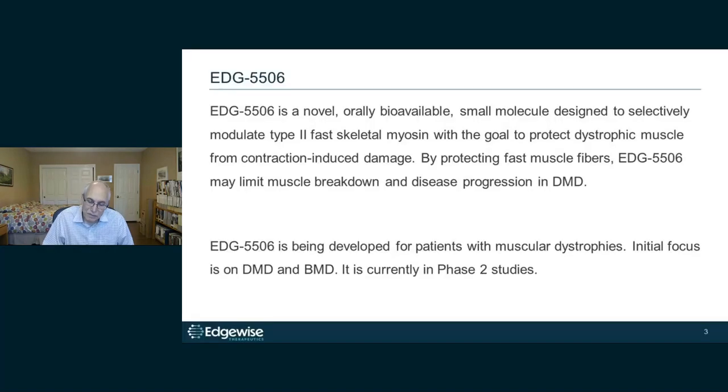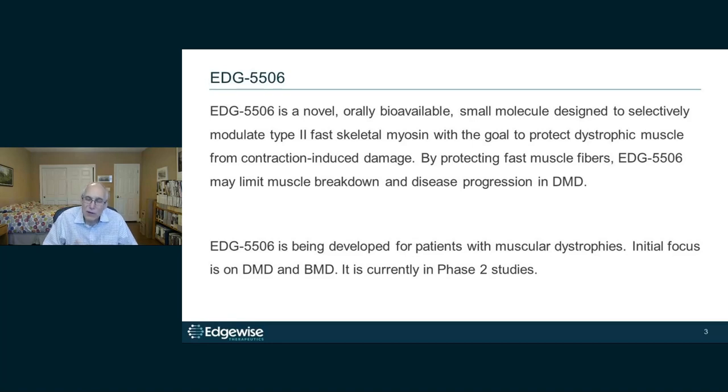So a little bit about 5506, which will enable you to understand the context from which we're coming. It's a novel, orally bioavailable small molecule that's used to modulate type 2 skeletal myosin. Our goal is to protect dystrophic muscles from contraction-induced damage.